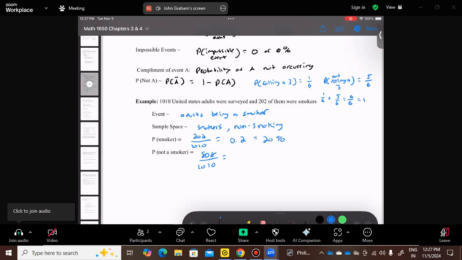Move the decimal 2 spots. And if you divide 808 by 1,010, you get 0.8, which is equal to 80%. Notice that these add up to 1 and these add up to 100%, since smoker and not smoker are complements of each other.